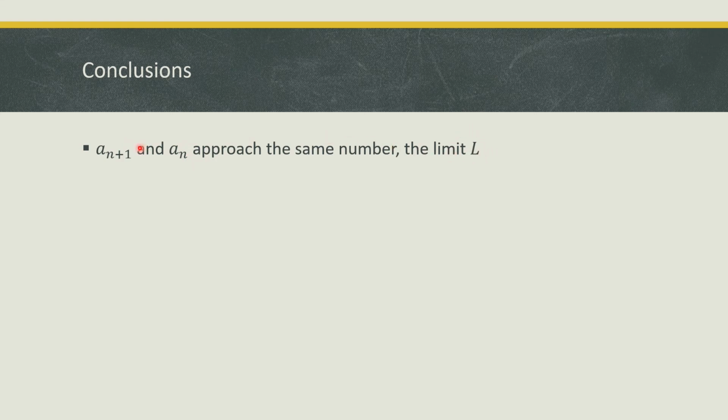And so in the previous video, we used that by saying that the difference between these two will approach 0 because they're getting closer and closer to each other. So the difference would approach 0. Now here, instead of using the difference, we use the ratio.